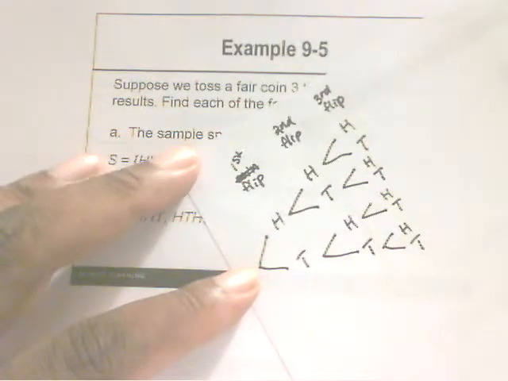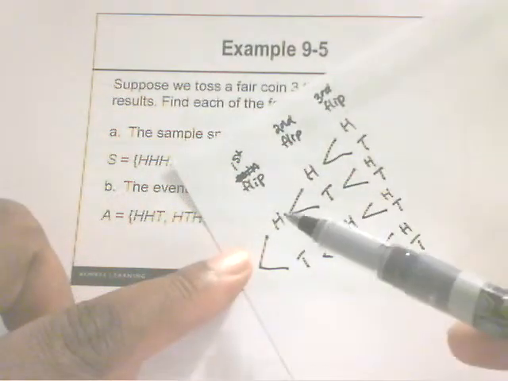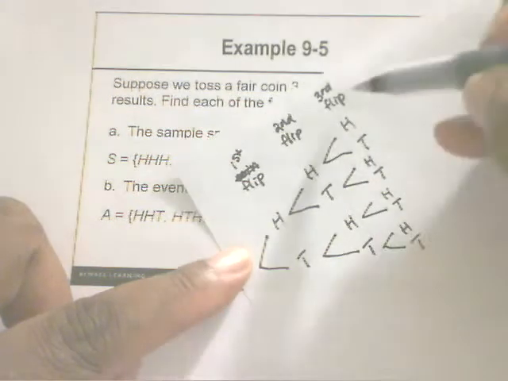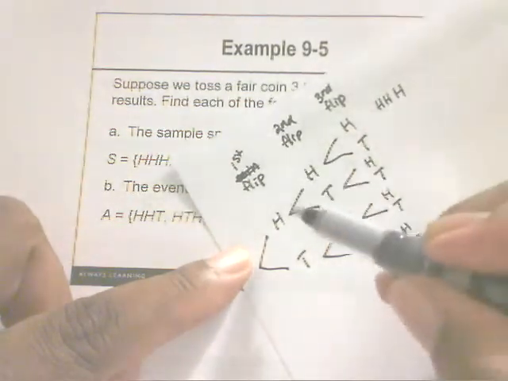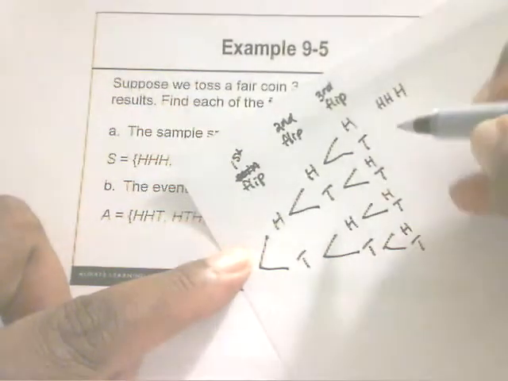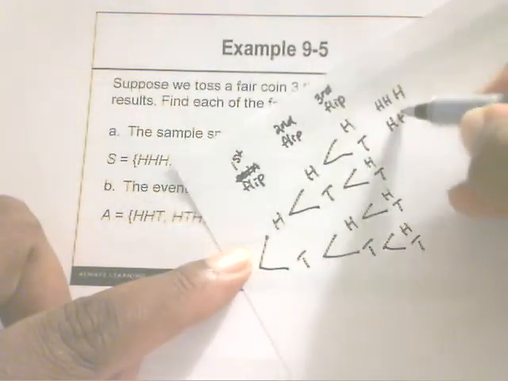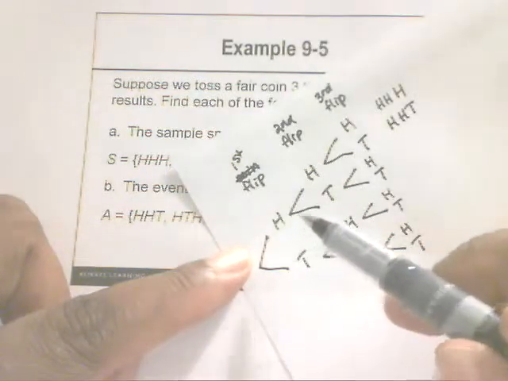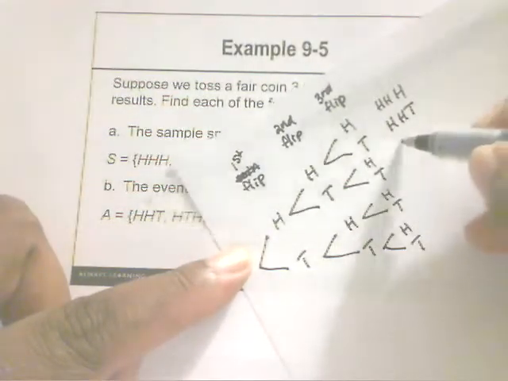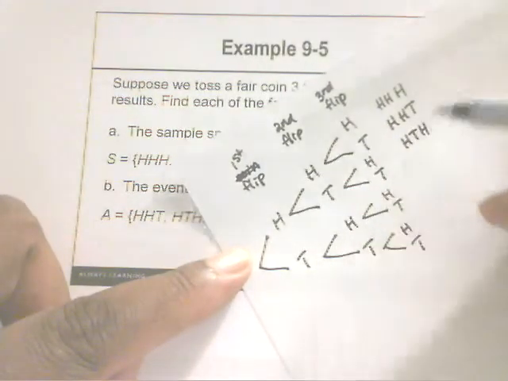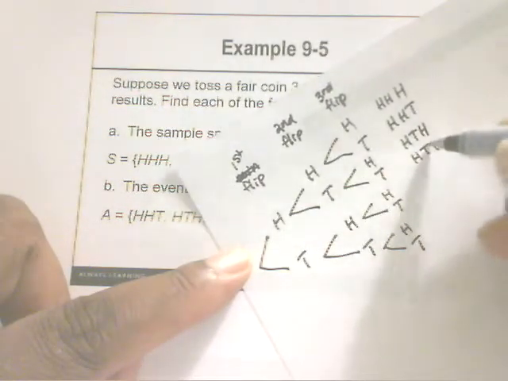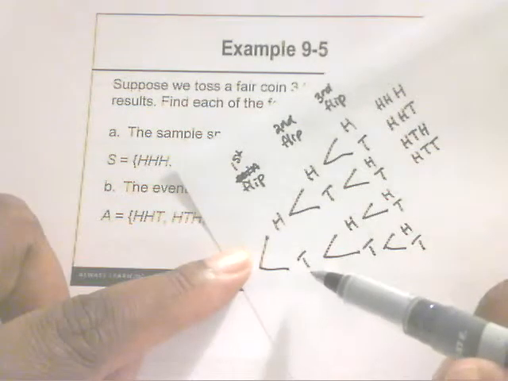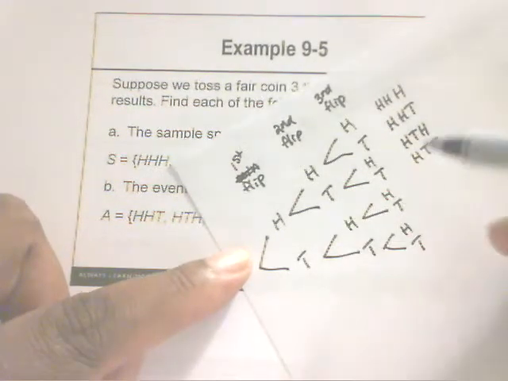And then all the possible outcomes from that sample space: you have heads, heads, heads. That's one outcome. Then heads, heads, tails. That's the second outcome. Then heads, tails, heads. That's the third outcome. Then heads, tails, tails. That's the fourth. And then for tails, you have tails, heads, heads.